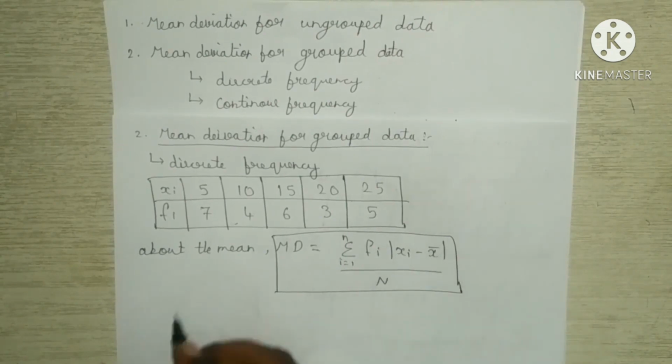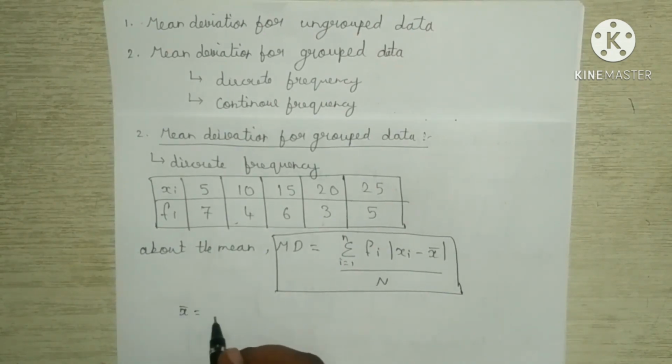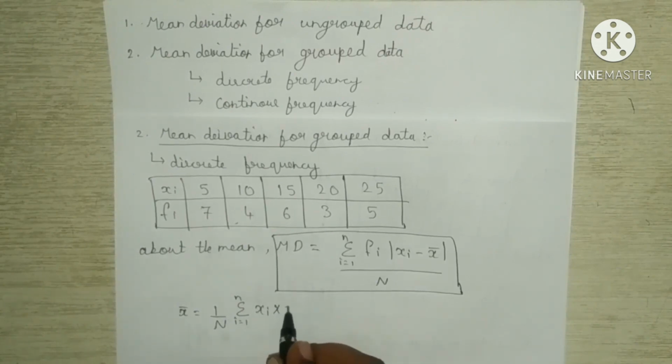You need to find x bar. x bar is equal to 1 by capital N into summation i varies from 1 to small n xi into fi.